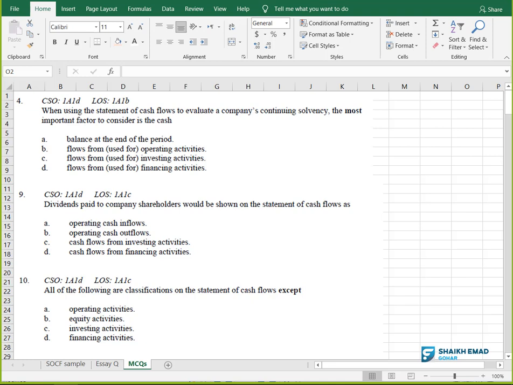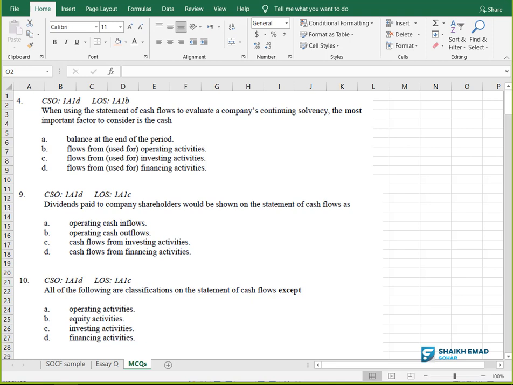So solvency, let me tell you, it means long-term paying ability. Okay, in detail solvency you will study in CMA part 2, when you will come in financial analysis area. Okay, that what are solvency ratios and all those things. But solvency is what? Long-term paying ability.